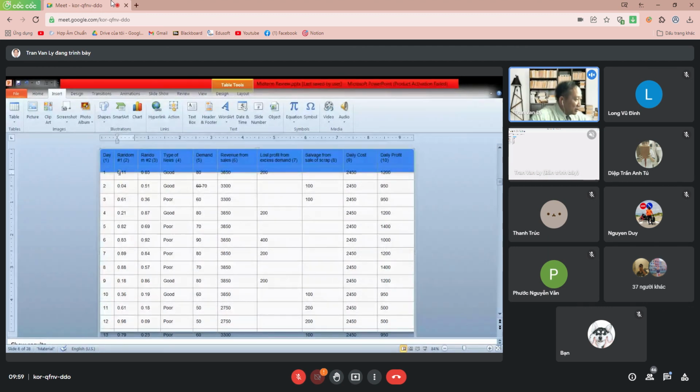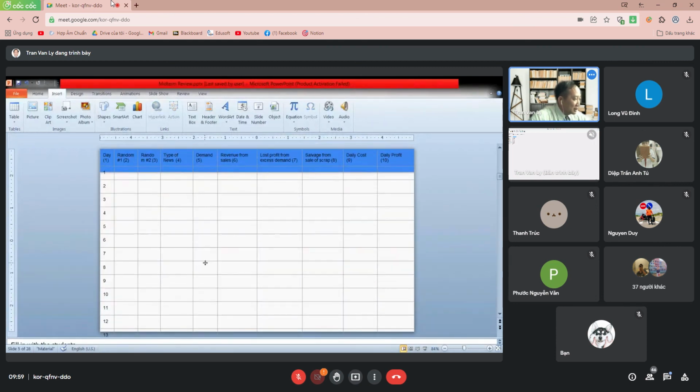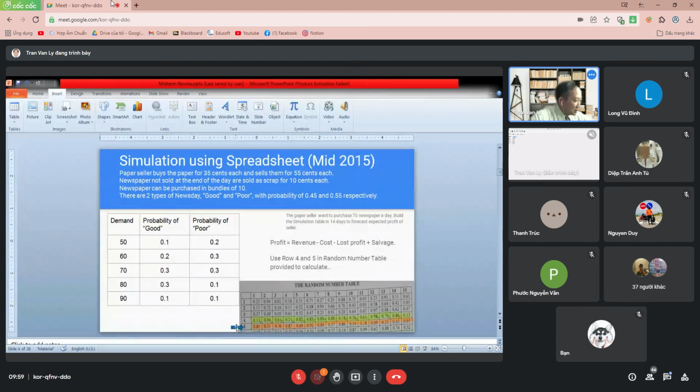You use random number. The first comes here. You see 0.11, 0.04.